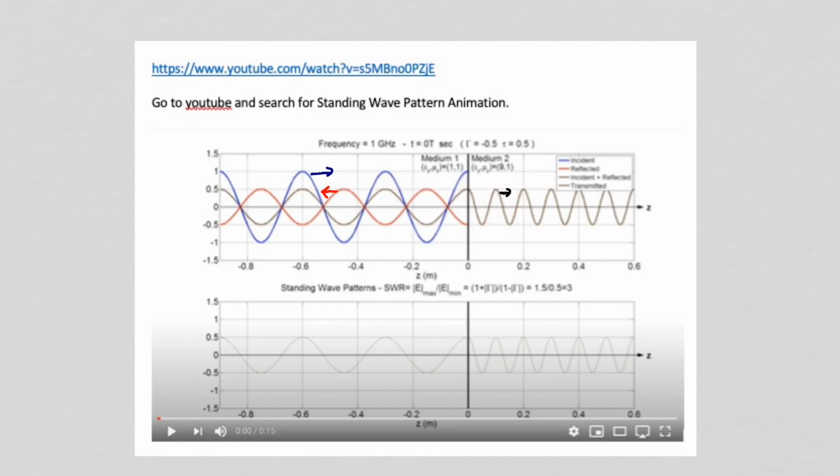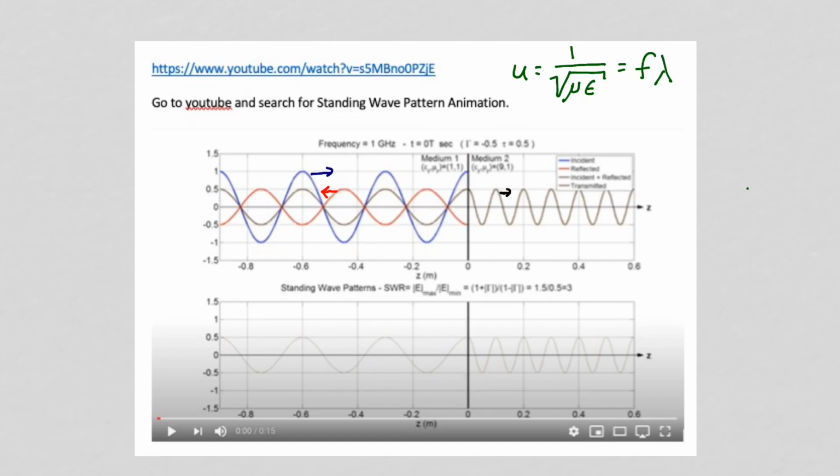So the transmitted and reflected waves will oscillate with the same frequency as the incident wave. The velocity of the electromagnetic wave is 1 over the square root of mu epsilon. Since the two materials will have different dielectric constants, the velocity of the electromagnetic wave will be different in material 1 and material 2.